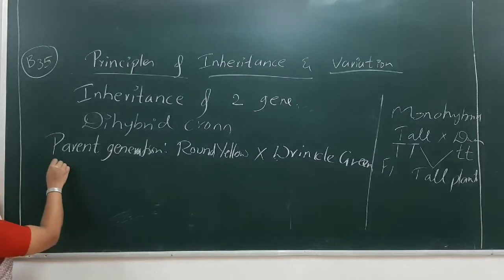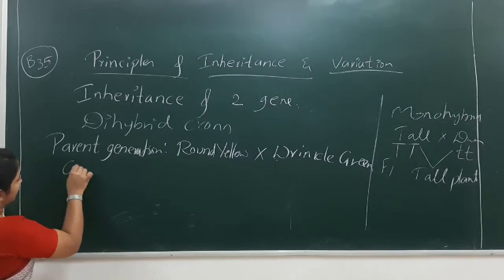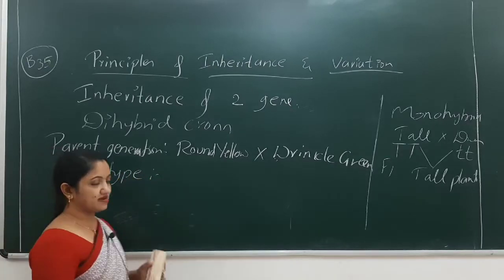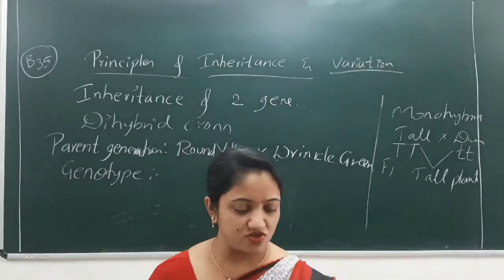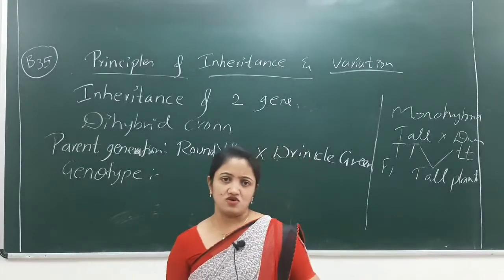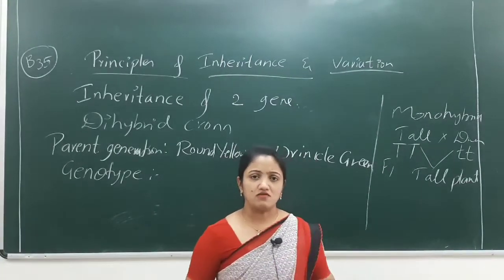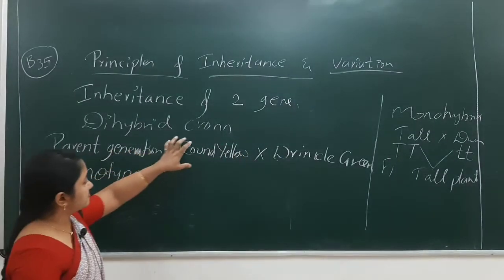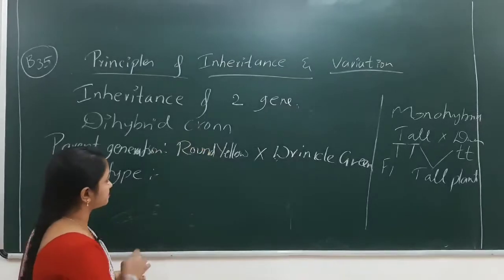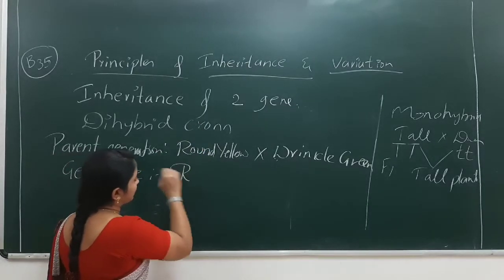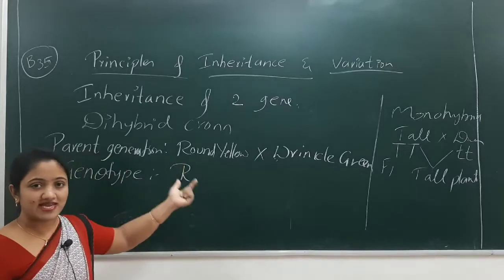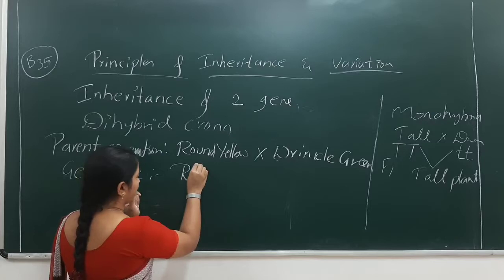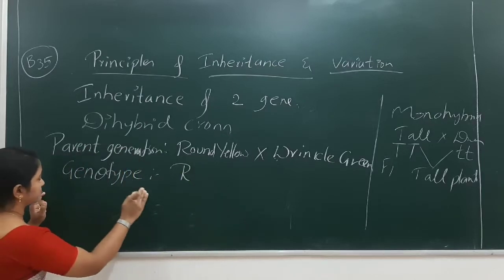After the parent generation, what do we have to write here? We have to write the genotype of the parents. Genotype is just an indication of genes. We give alphabetic letters to denote these characters. For round, I am choosing capital R. We should not write only a single capital R when indicating the genotype of parents.